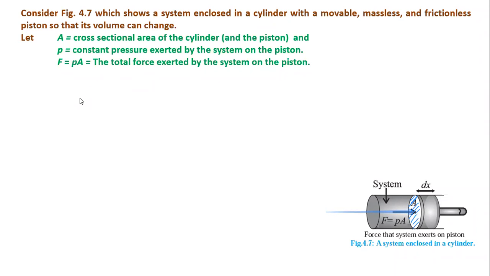Here F is the total force exerted by the system on the piston. How do we get this formula? F is equal to PA. You know that pressure is force per unit area, so by using that, force is equal to pressure into area. That formula we use here.